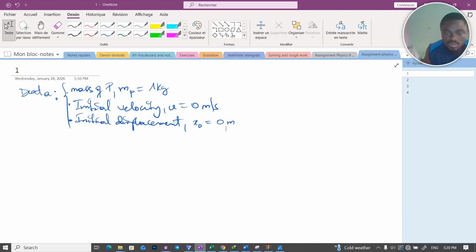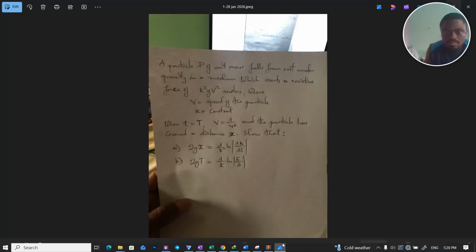What do we have again as information? Let me go to the image. The particle falls from rest under gravity in a medium which exerts a resistive force.